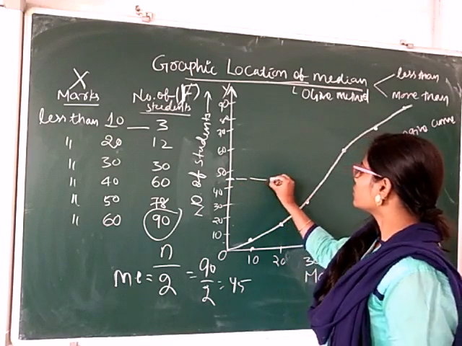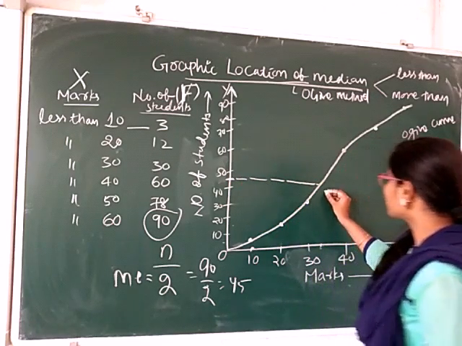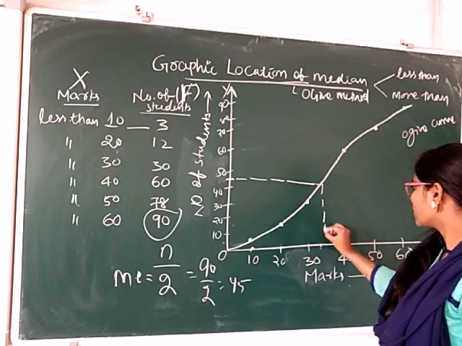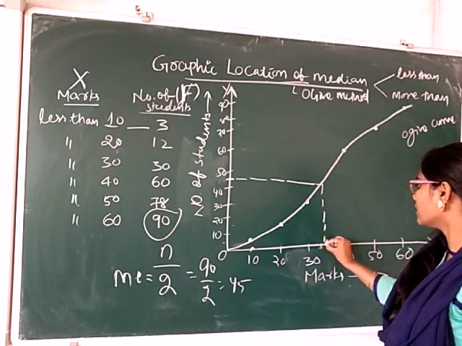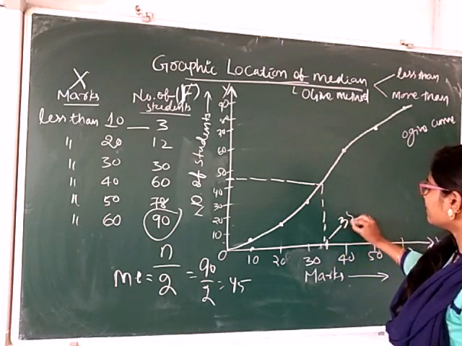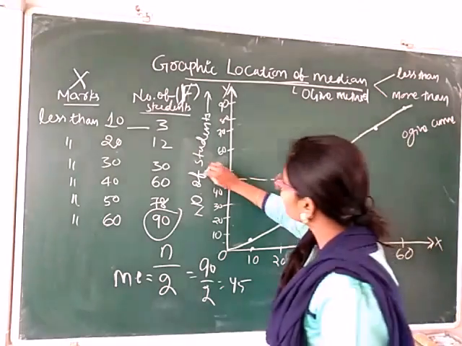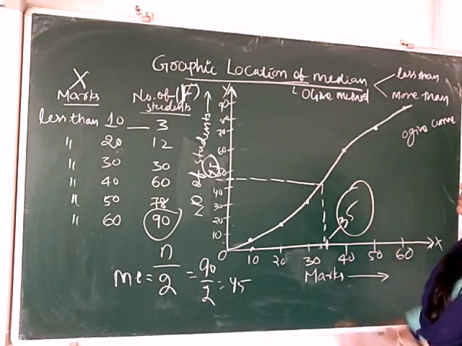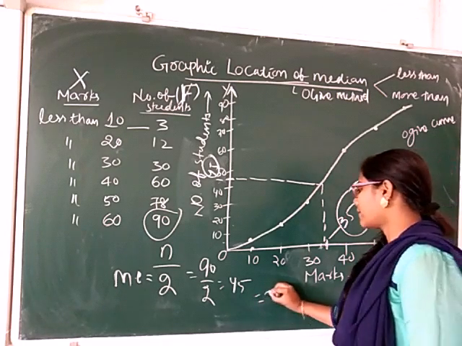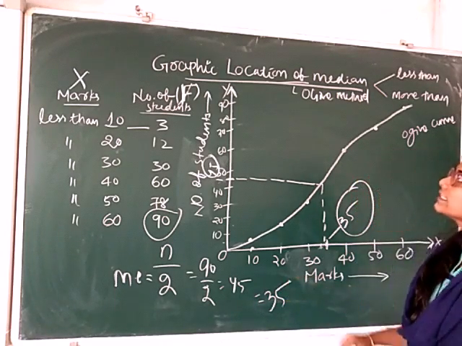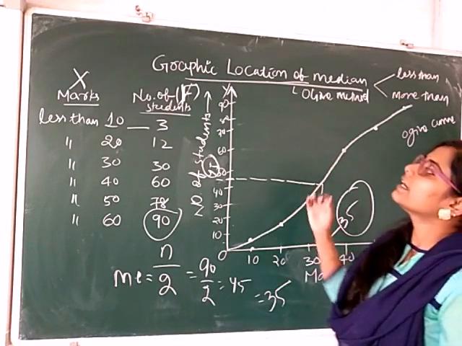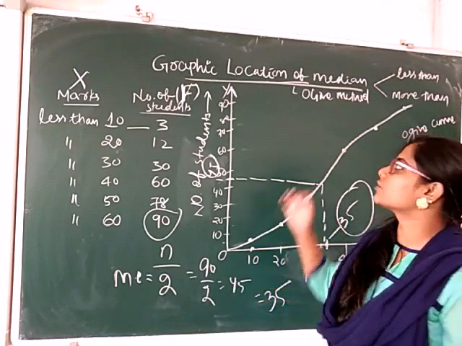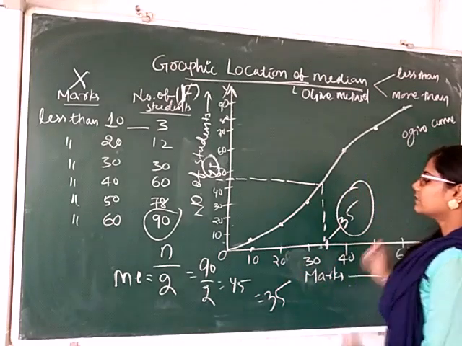We just join this line and join also here. So this will be 35 and this is 45. So the median will be 35. This can be represented in the case of the less than situation. The median is graphed this way.